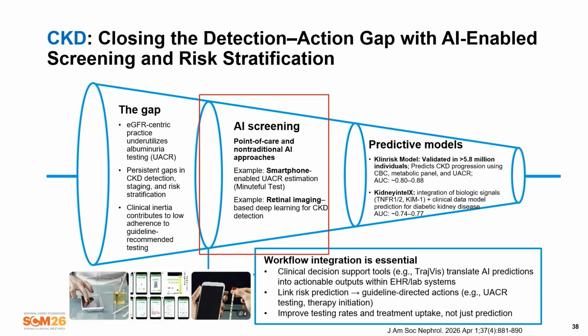As you see, there are many vendors when you go to the pharmacy. There's the urine dipstick that you can use, and then an AI application telling you, based on this urine dipstick, what the urine albumin to creatinine ratio is.